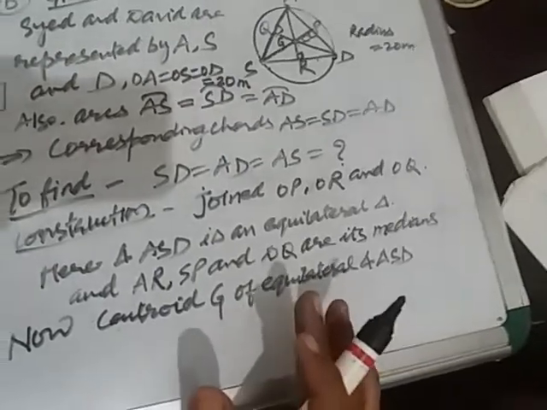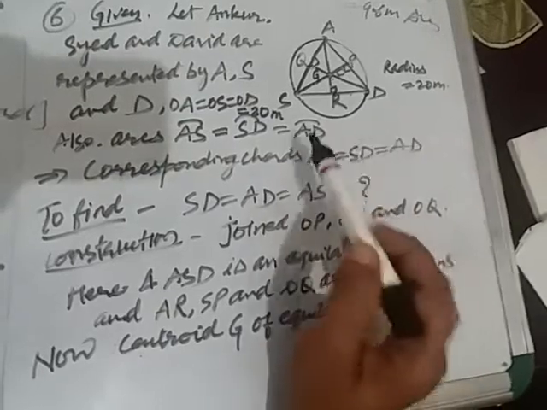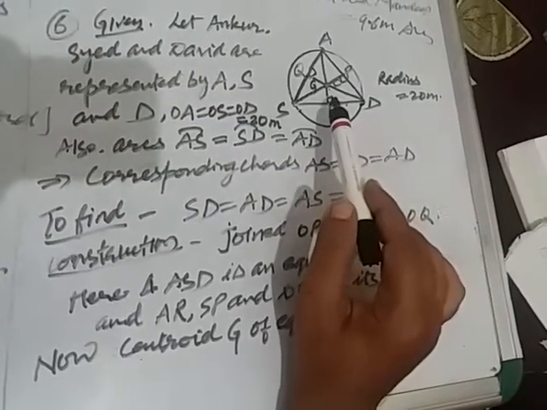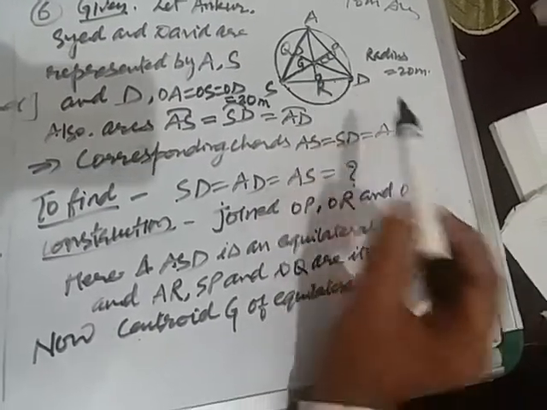See, in every equilateral triangle with a circumcircle, the centroid G and the center of the circle both coincide with each other.